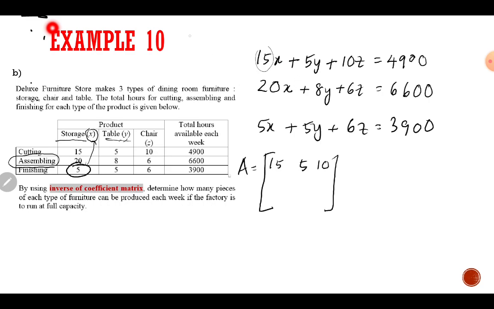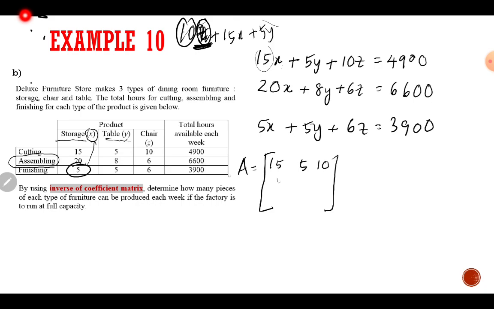Kalaulah soalan tu dia buat 10Z tambah 15X tambah 5Y, you tak boleh nak mula-mula 15, 5, 10 ni, you follow the order for X, Y and Z. Tapi on the next equation dia start dengan Z, you pun letak 10 kat sini. Dah salah lah. So because this 10 belongs to Z, sepatutnya Z ni berada dekat kolom ketiga.